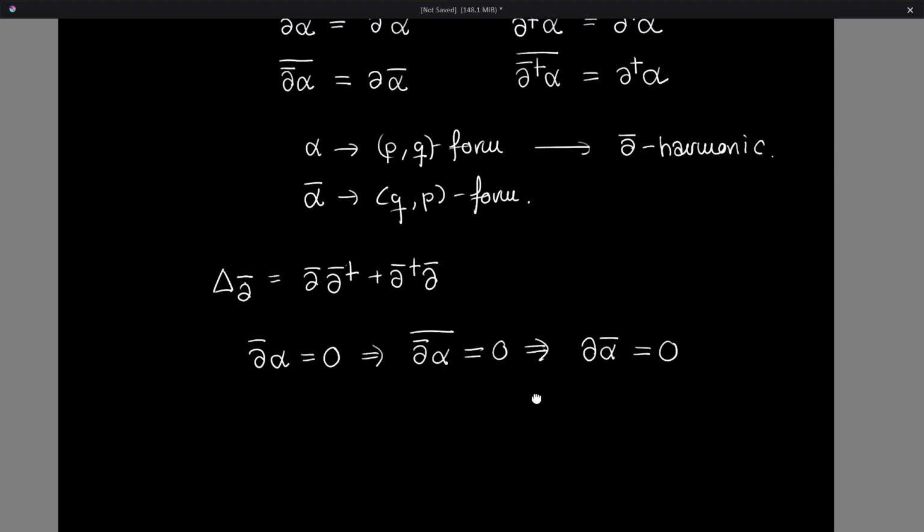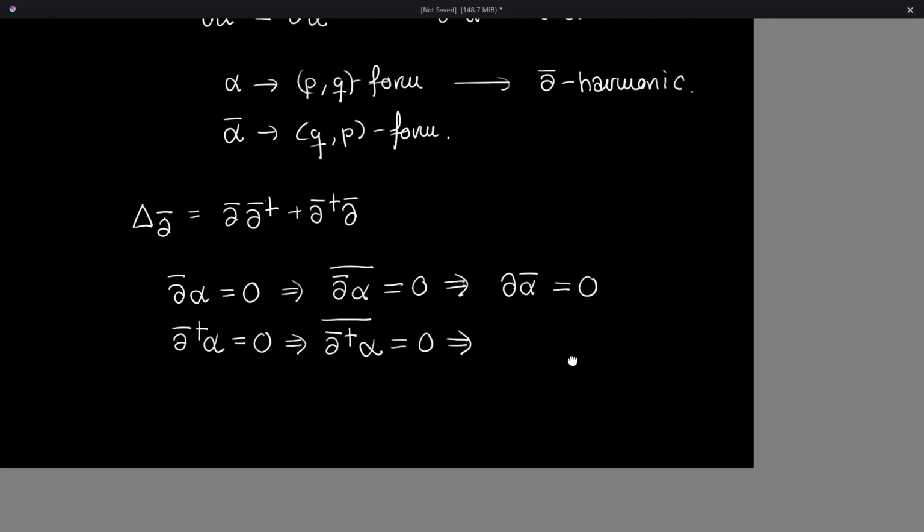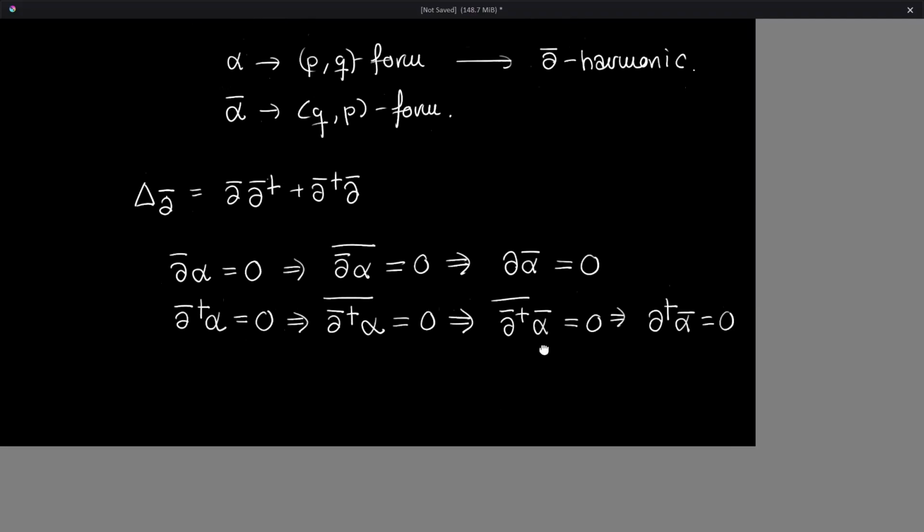So the second thing that we need to show is partial bar dagger. So let's say that partial bar dagger alpha is equal to 0, which implies that, again we're going to take the conjugate, partial bar dagger alpha whole bar is equal to 0, which implies that partial dagger alpha bar is equal to 0.